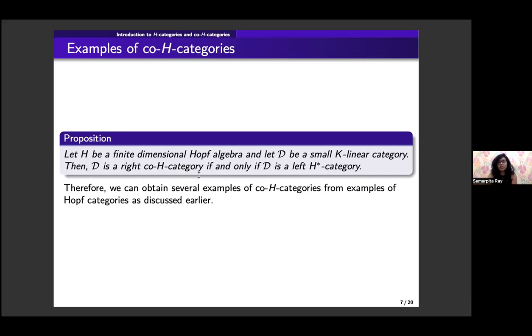Guedanan and Kenapel in particular studied the cohomology theory of the modules over these kinds of categories. For the case of algebras, cohomology theory was studied on the level of H module algebras and H co-module algebras, and what we do here is a categorification, a generalization of these results.